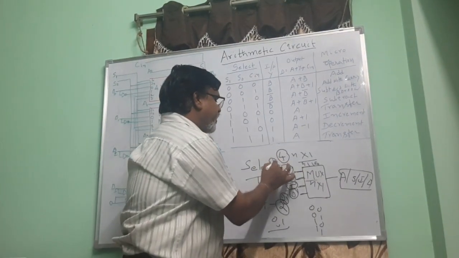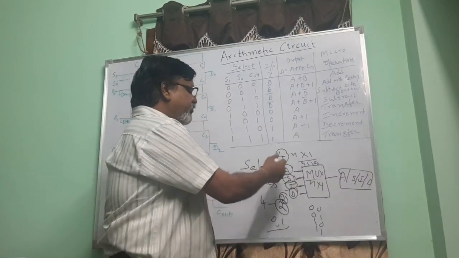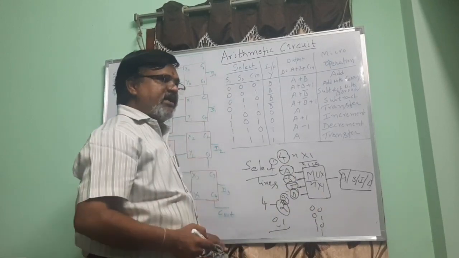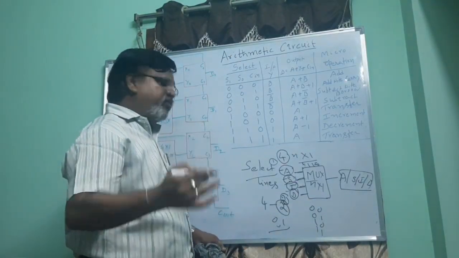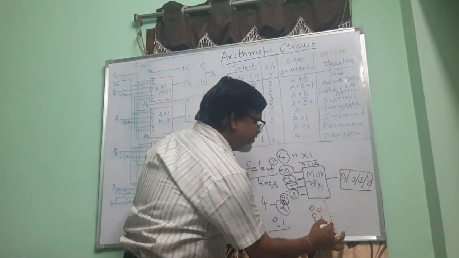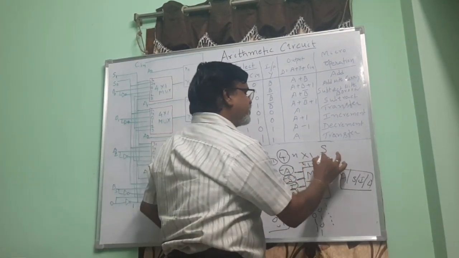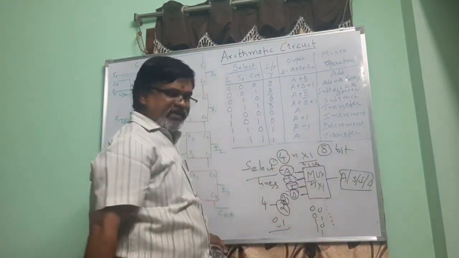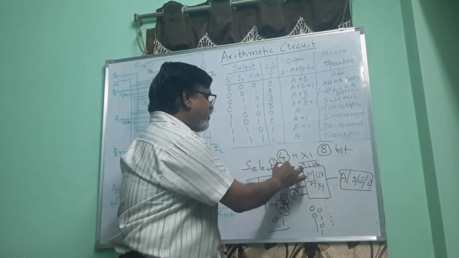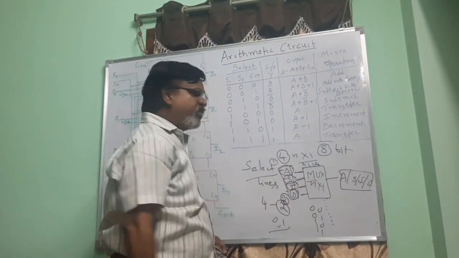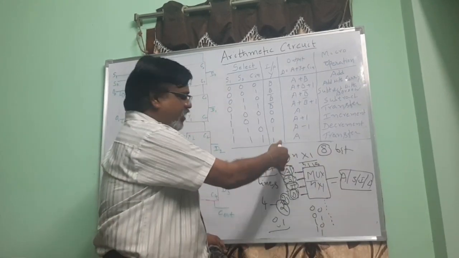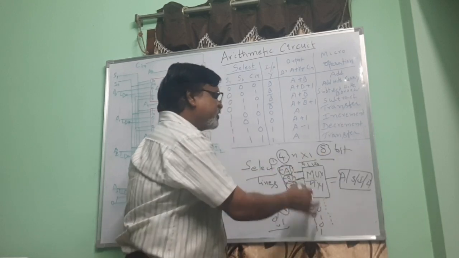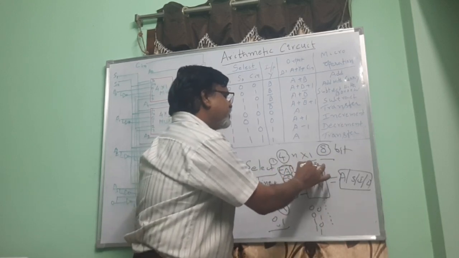But it is a 1-bit operation, performing 1-bit addition, 1-bit subtraction. If you want to perform a 4-bit addition, 4-bit subtraction, incrementing a 4-bit number or decrementing a 4-bit number, we need a sequence of multiplexers. If my register size is 8 bits, I need 8 multiplexers like this, each with the 4 combinations of inputs and only one output. All the multiplexers are given the same select lines.